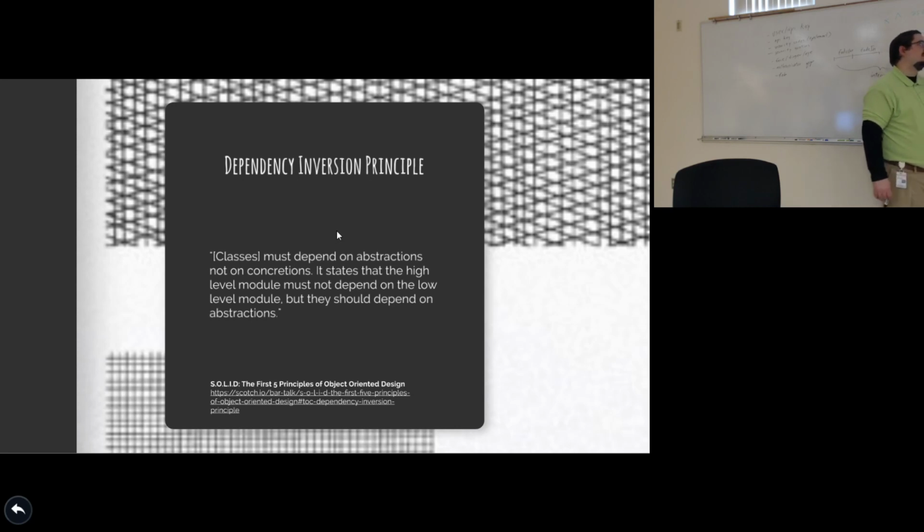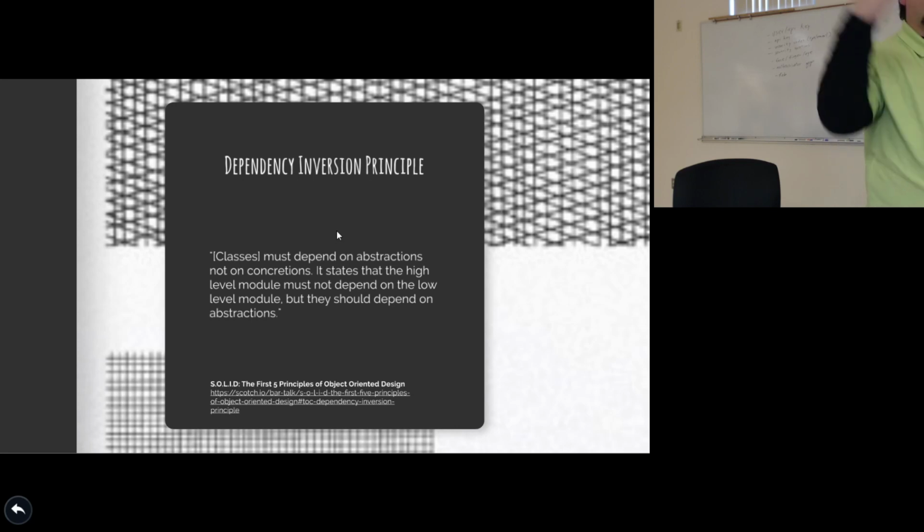So let's look at the dependency inversion principle. It says classes must depend on abstractions, not on concretions. It states that the high-level modules must not depend on a low-level module, but they should depend on abstractions. And that's where this depends on that interface, that abstraction, that idea of something that can send an email, rather than them directly having a connection to each other.